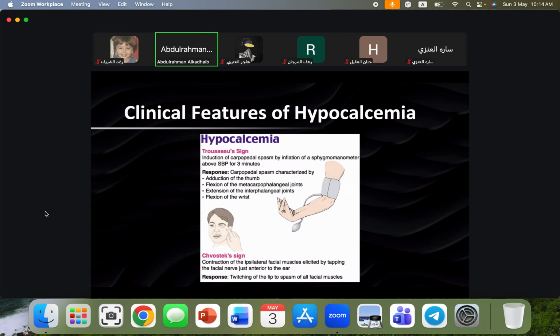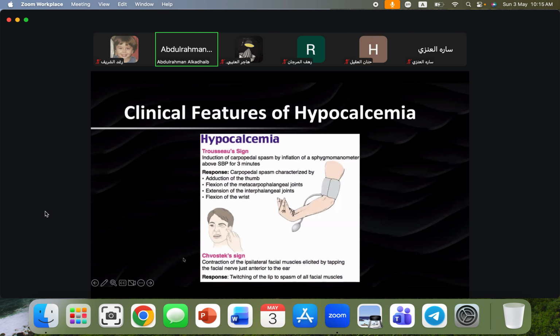Basically, because low calcium level may lead to overstimulation of the neurons or the muscles in those patients. So with even simple stimuli like the blood pressure cuff inflation, this may cause contraction of the muscles in the same area.